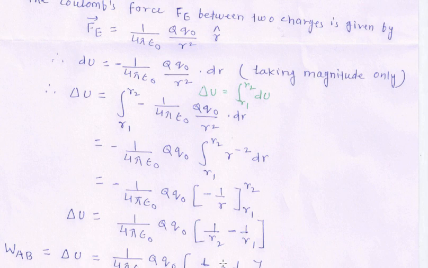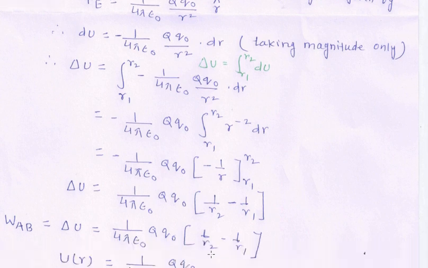Next we substitute the limits, upper limit minus lower limit, so it becomes minus 1 upon R2 plus 1 upon R1. The minus sign is outside also. So finally the equation becomes delta U equals 1 upon 4 pi epsilon 0 Q Q0 into 1 upon R2 minus 1 upon R1.